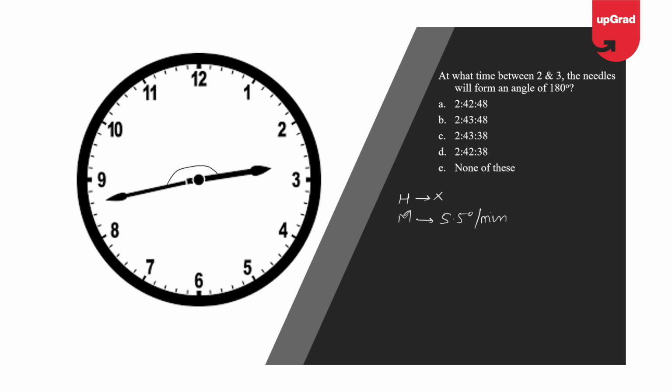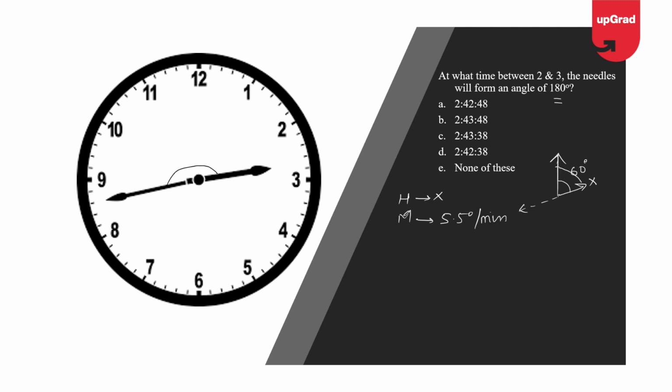So between 2 and 3, I have to start this question from 2 o'clock, because that's my closest angle. So what is the closest angle? This is 60 degrees. Now if I have to cover an angle of 180 degrees between the needles, because I'm freezing this needle, my minute hand actually should come over here.